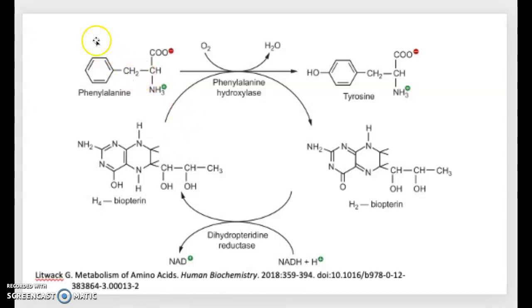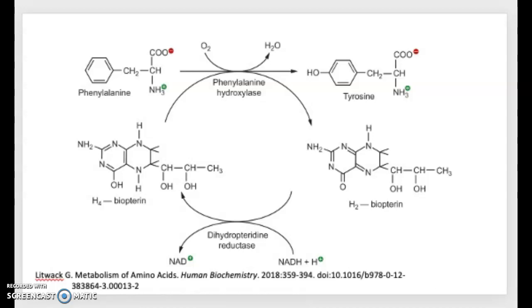We can see that here we have phenylalanine, this is B4 over here, and it's going to turn to tyrosine using phenylalanine hydroxylase. So deficiency in any of these is going to lead to a buildup of phenylalanine and no hydroxylation to tyrosine. Tyrosine, therefore, now becomes essential since there is no production of this amino acid within the body.